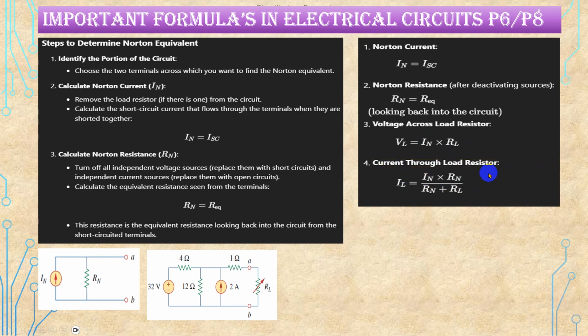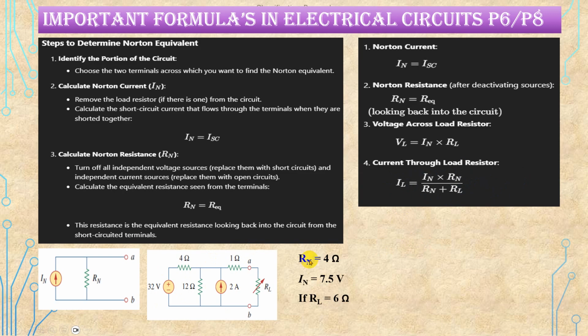IL we can find using the current division rule: IN divided by total resistance, multiplied by Norton resistance. That is IN by RN plus RL, which is like voltage V by R. Now multiply with RN, and you will get the current division in the load resistance.